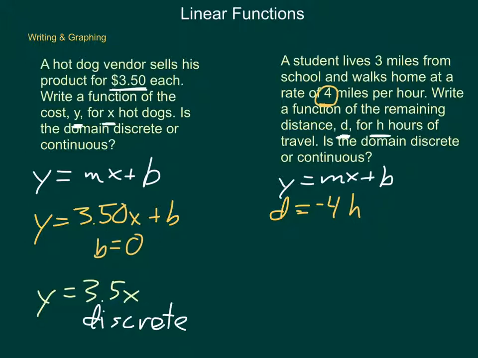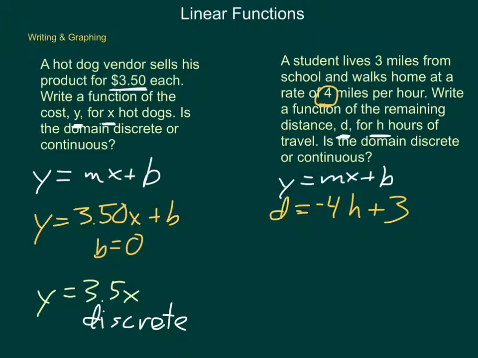Now we need to figure out what is our y-intercept, or our starting point, and since the student lives 3 miles from school, we're going to start out at a distance of 3 miles. So d equals negative 4h plus 3.